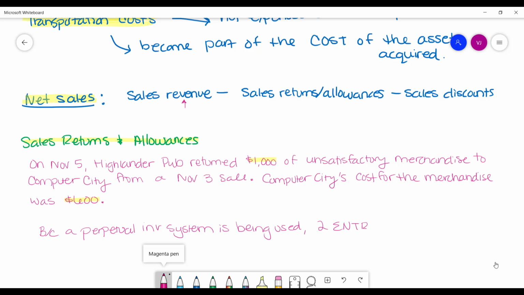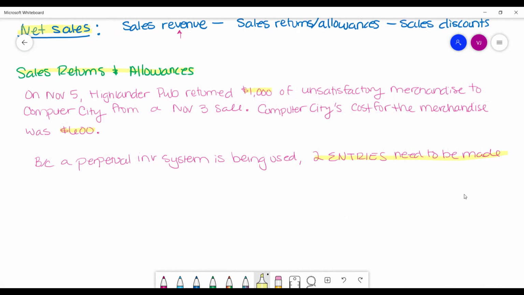Because why? Well, when we make a sale, remember under a perpetual system you make 2 entries. You record the sale and then you record the cost of the sale. Here we're going to reverse both of those partially.